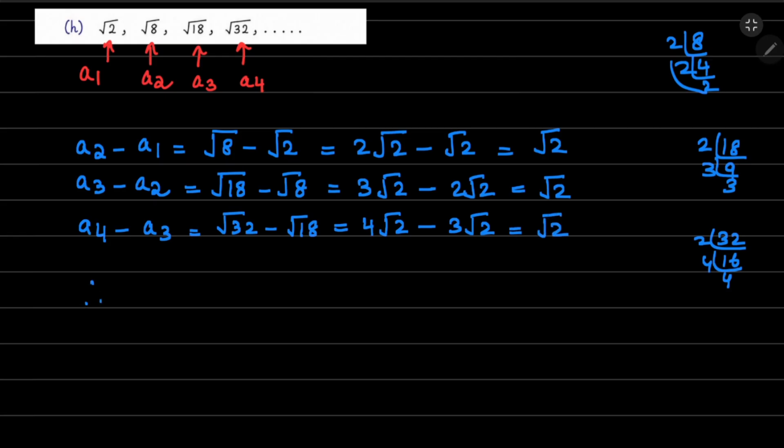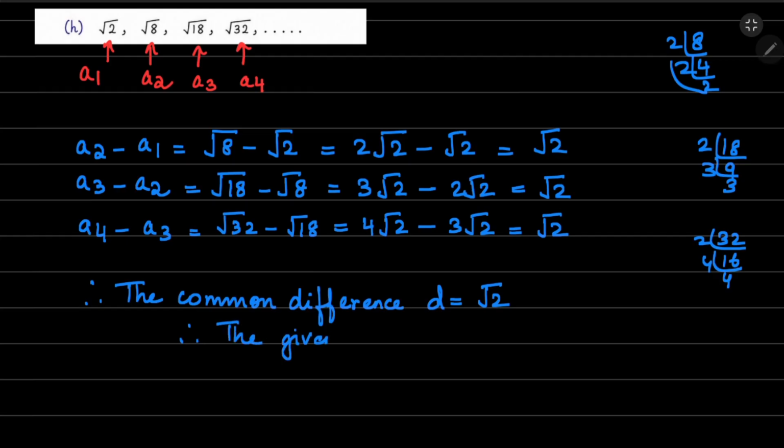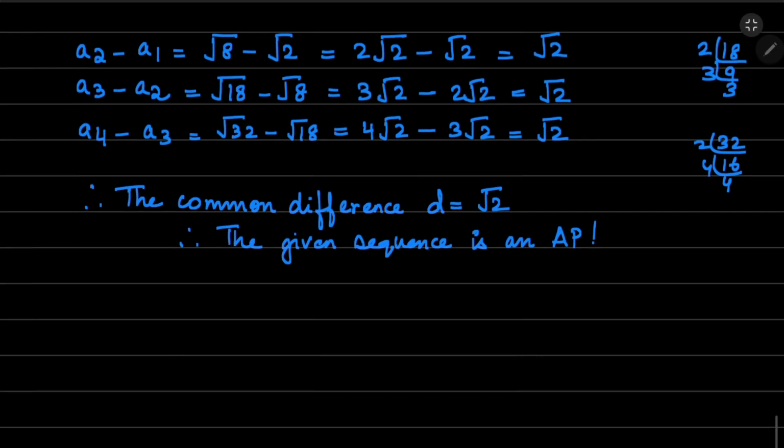So you can write therefore the common difference d is equal to root 2. Therefore, the given sequence is an arithmetic progression. So, once you have found that this is an arithmetic progression, let's calculate the next terms.